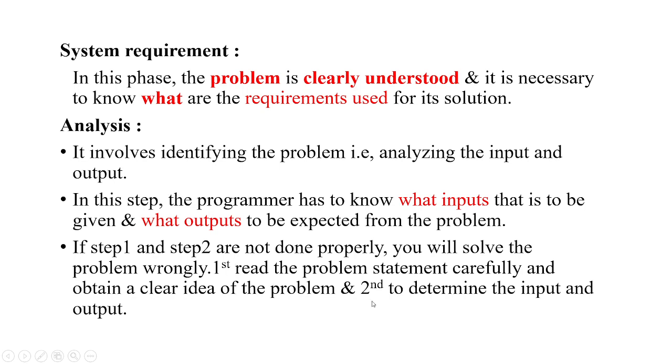So if the first step, that is the problem statement, is carefully understood and we get a clear idea of the problem, then second, we are going to determine what the input and what the output should be.